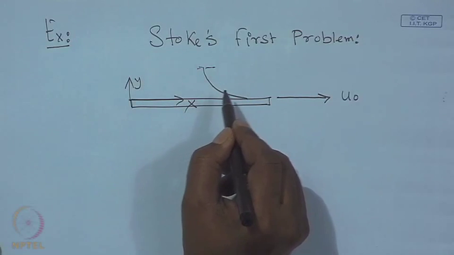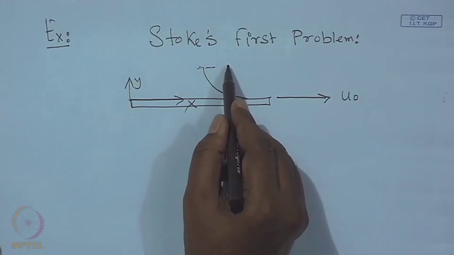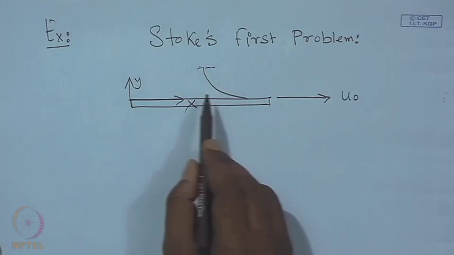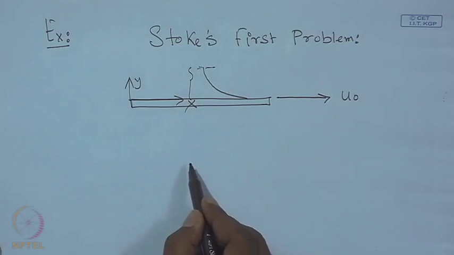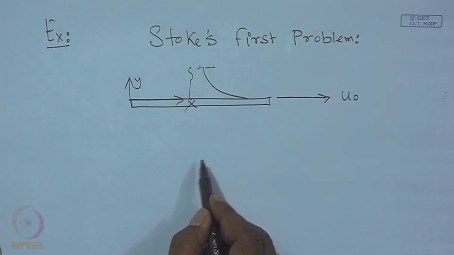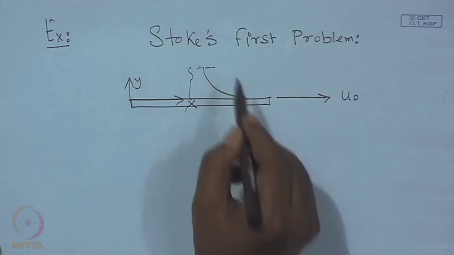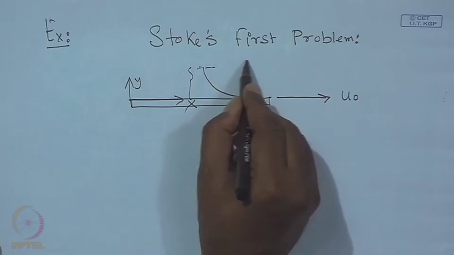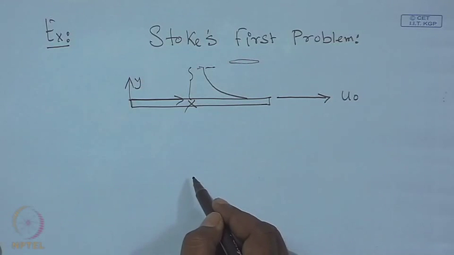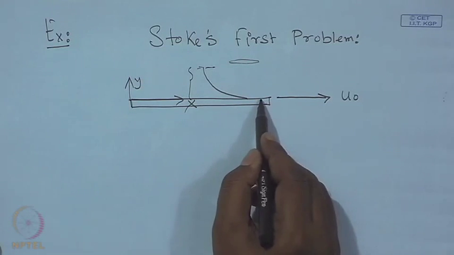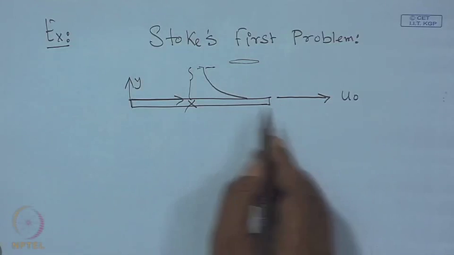Therefore, at this location the velocity will be equal to 0, and we call this a sort of boundary layer. We consider the velocity to be 0 there, and the fluid element staying at this location does not experience the movement of the wall at y equal to 0.